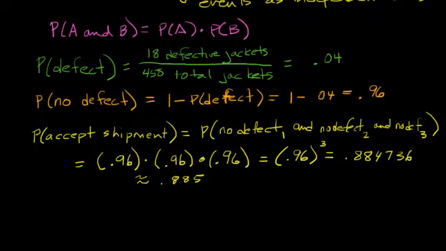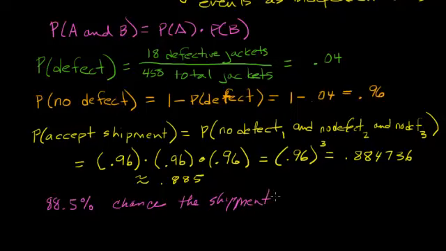So we could state in conclusion that there is an 88.5% chance the shipment will be accepted. Okay, so this is acceptance sampling.